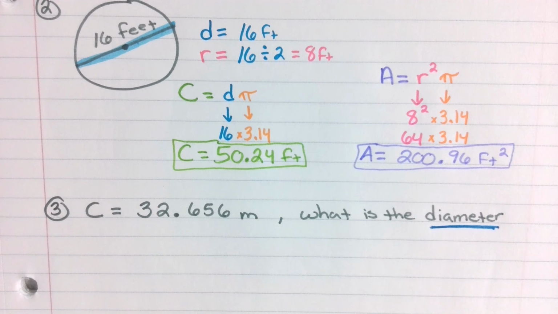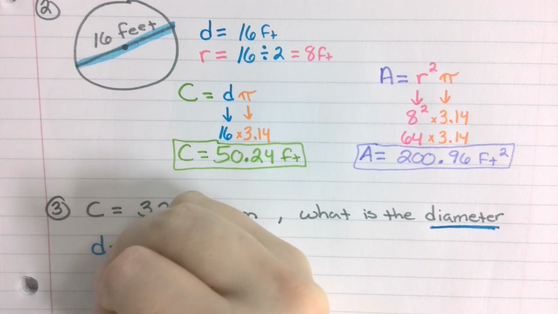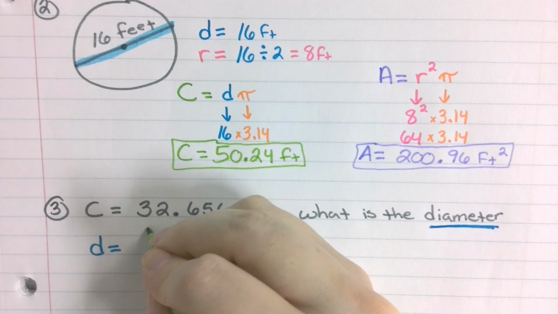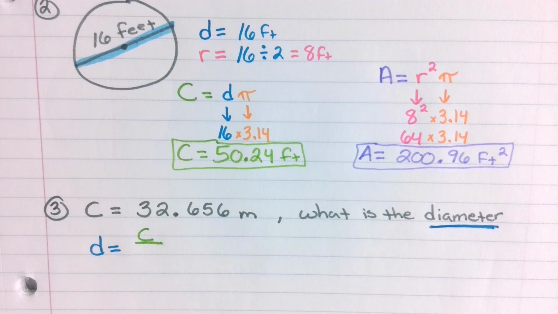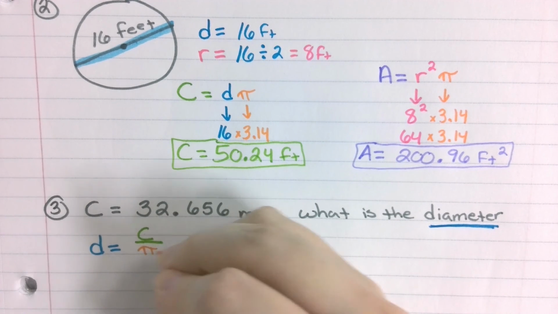Remember that the diameter can be found by taking that circumference and dividing it by pi.